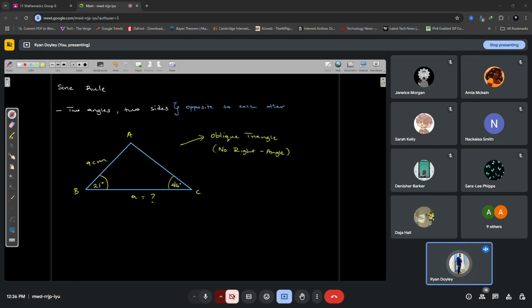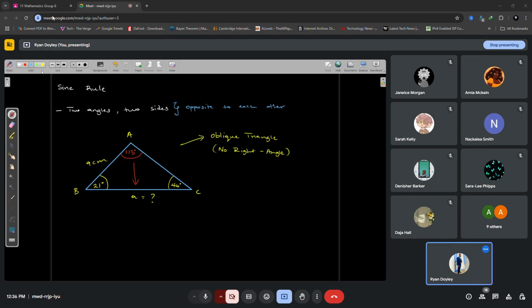So if this is 21, this is 46, what is this angle? 113. 113. All right, so knowing that this is 113, is it possible for us to find A? Yes, sir.